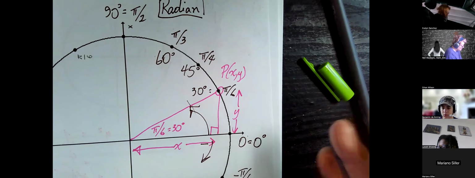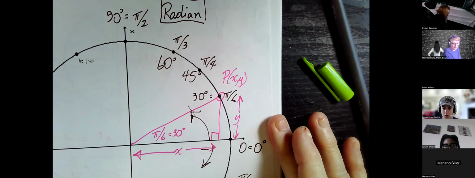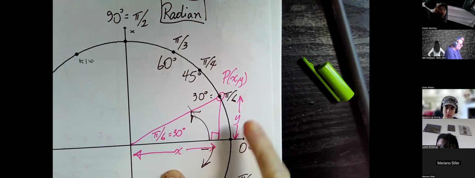We have an X and a Y, and they're connected using what now? How are they connected? Sorry, could you ask your question one more time? Yes. How are X and Y connected?